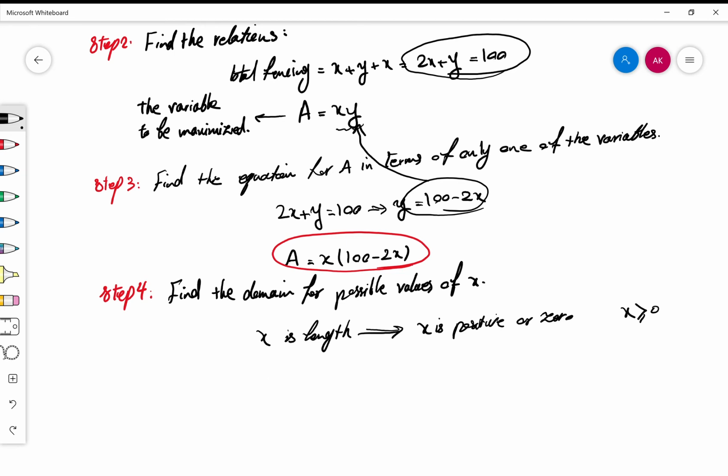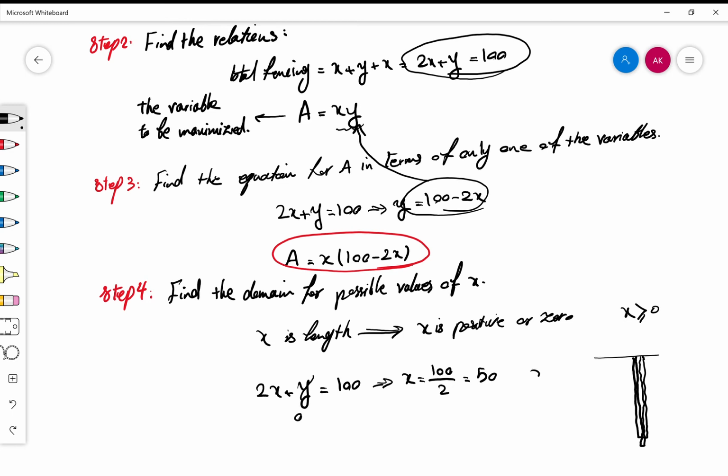We know that 2x plus y is equal to 100. The maximum possibility for x will happen when y is 0. In other words, when you make this very long rectangle like that. At the max, y can be very close to 0 or 0, and in that case x can be 100 over 2, which is 50.